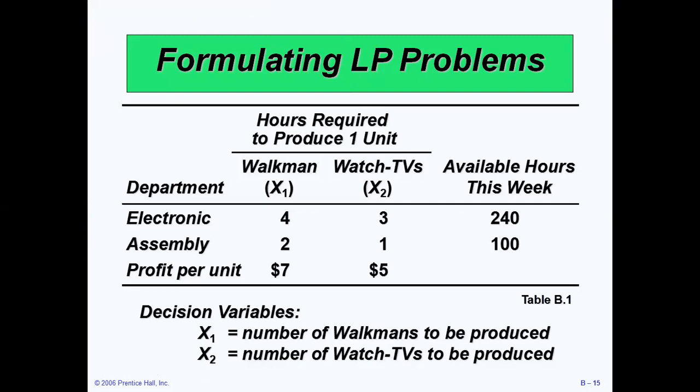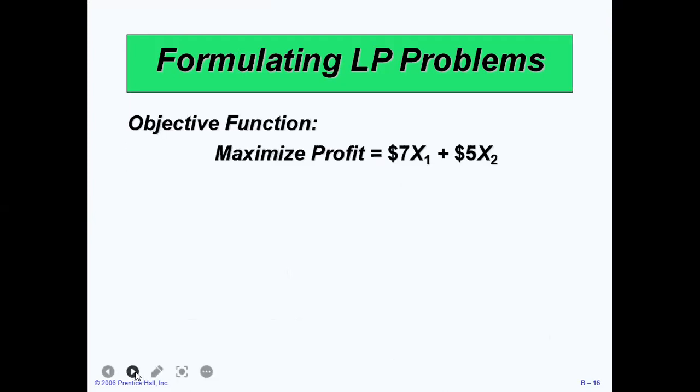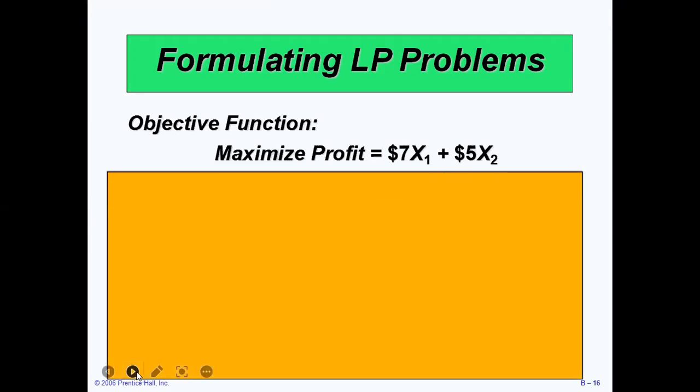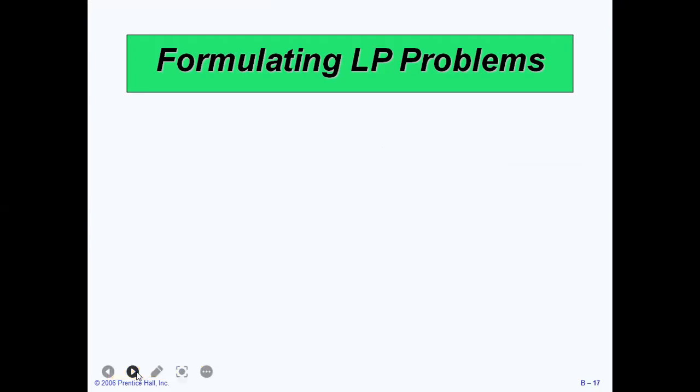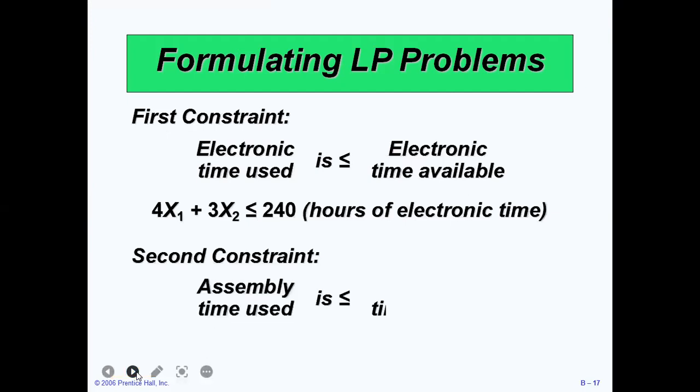X1 is the number of workmen to be produced and X2 is another one. Available hours this week are 240 and 100. Profit per unit is $7 for X1 and $5 for watch TV. So we can formulate the objective function like this, and there are 3 types of constraints.